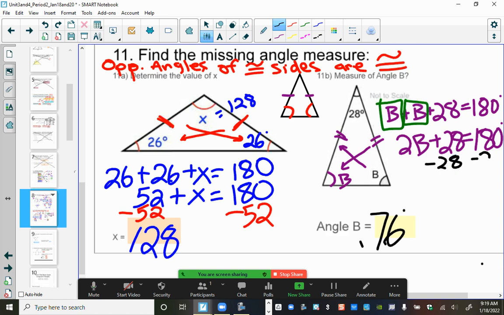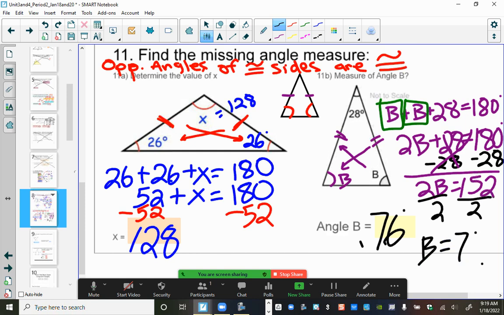So subtract 28 on both sides, you're left with 2B equals 152, and then divide both sides by 2, and then, boom, you're done. B is 76 degrees. Again, two separate equations. Sometimes they might be combined like terms, then two separate equations. These are going to be problems you will see quite a bit.